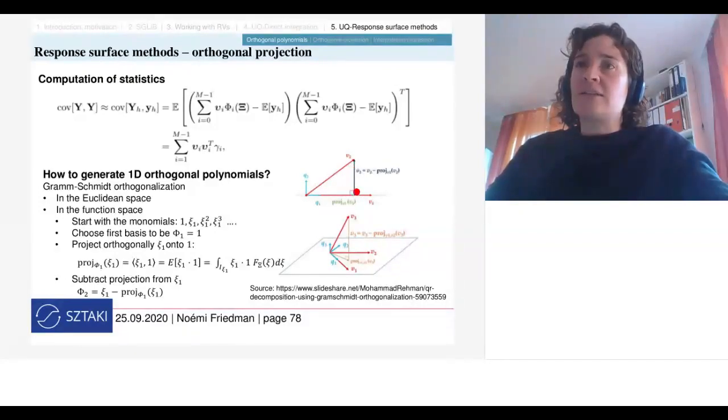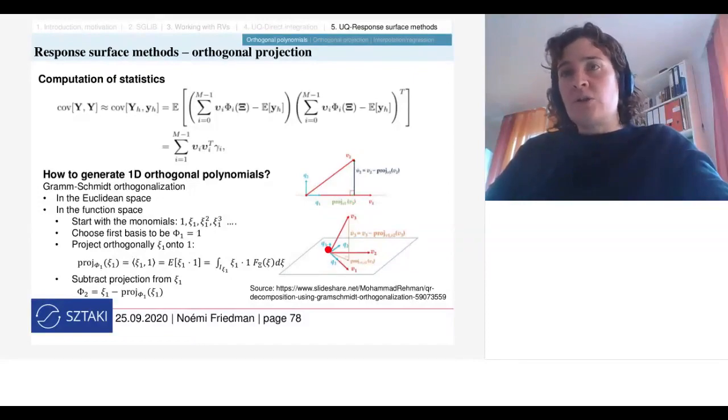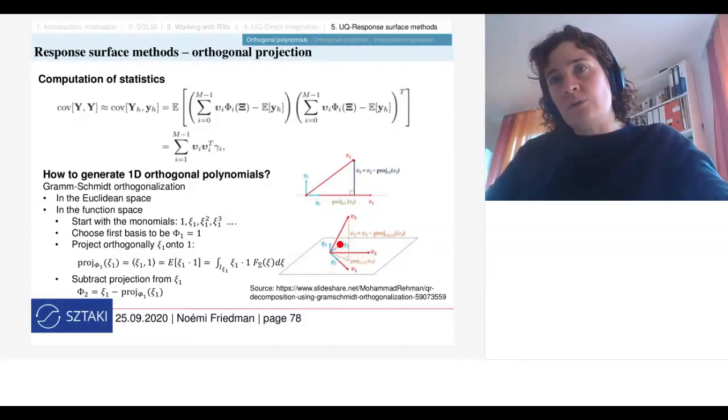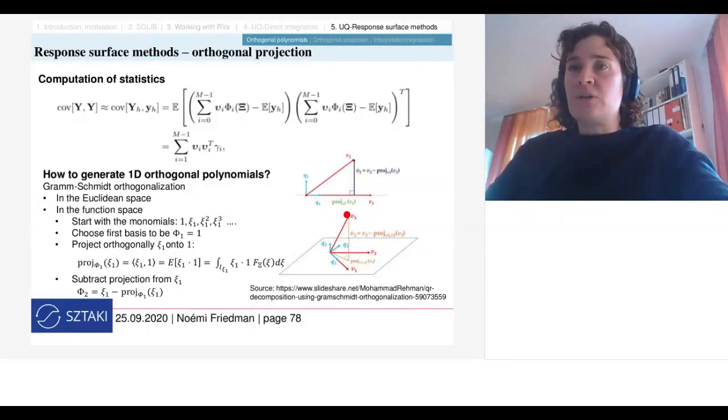What you get is directly this vector. So then you get this q2 blue vector. Now you have a third vector, and then you project it onto both of the already existing bases, so onto q1 and onto q2, and subtract both of the projected parts, and then you get the rest, which will be this vertical vector q3.